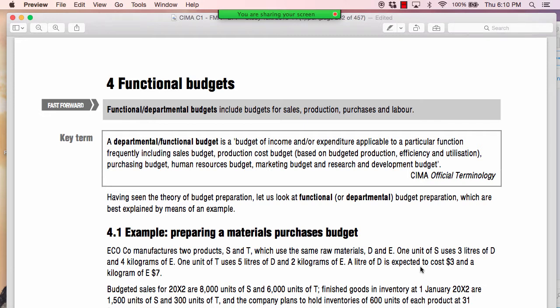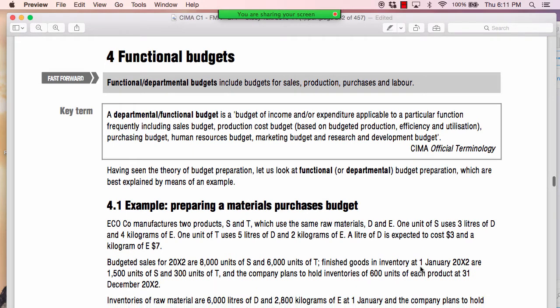The sales department, purchasing department, HR department, finance department. Each department needs to prepare a functional budget which comes together, right?